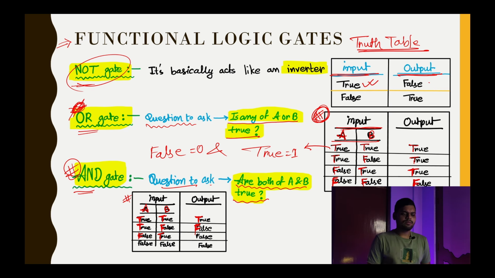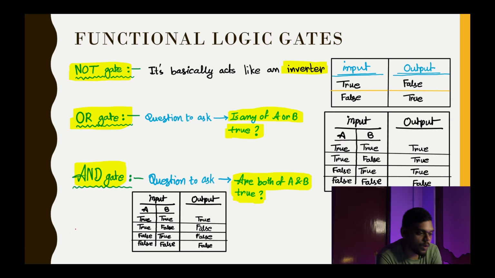Then we will say no, because the A input is false now. The output will also become false. Okay. Now both A and B are false. In this case, the AND gate will again ask us, are both of A and B true? We will say no, both of them are false. In this case also, the output will become false. So this is all about the AND gate, OR gate and NOT gate.